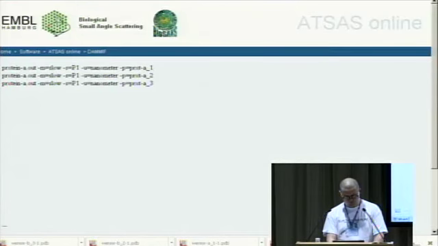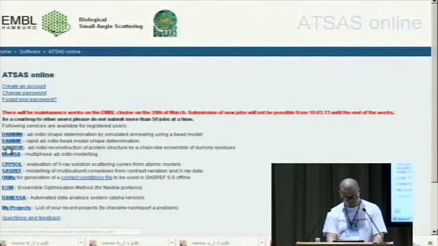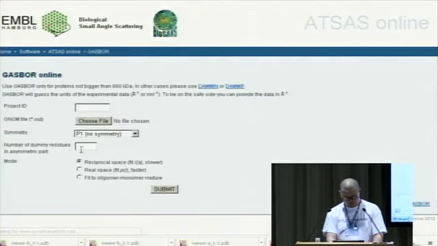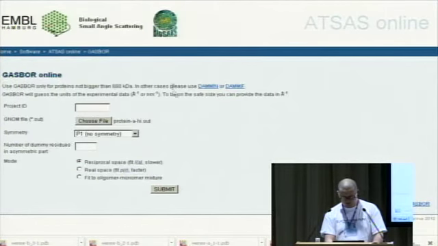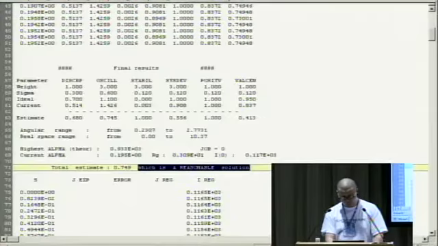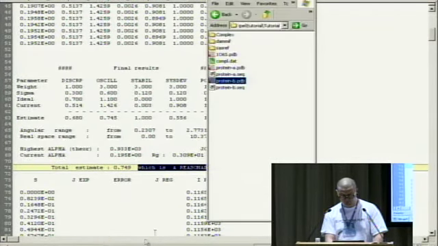And then we can start Gasbore. So we load our file with the data. We don't have any symmetry, but we need to know how many dummy residues to use. For that, we can open the sequence of the protein.